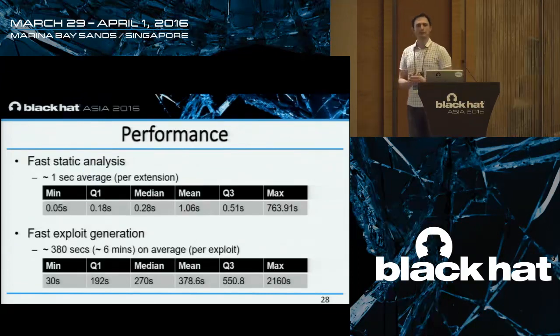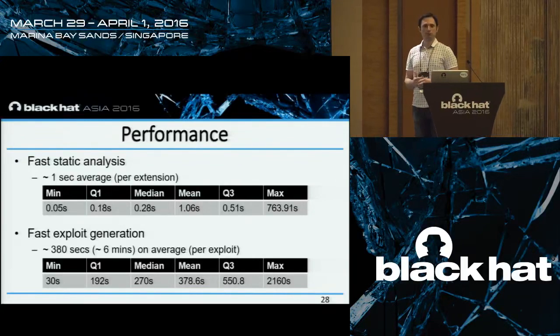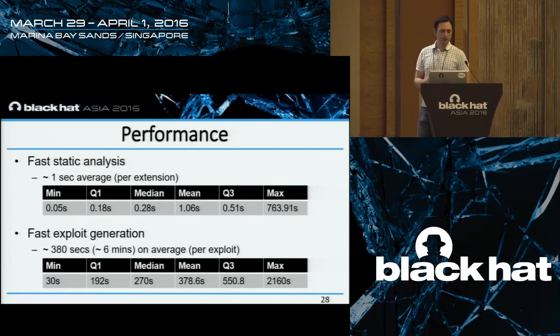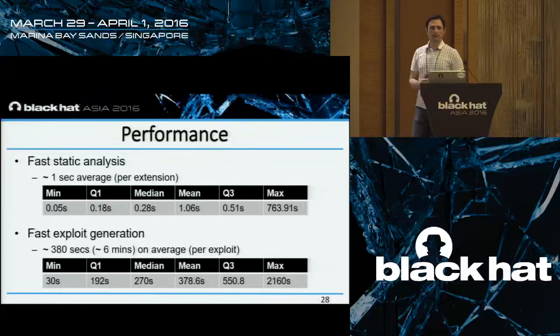So the performance. Crossfire is a lightweight tool, so it's a very fast static analysis tool. We measured the time of the tool per extension, and we found out it just takes 1 second on average to analyze an extension.